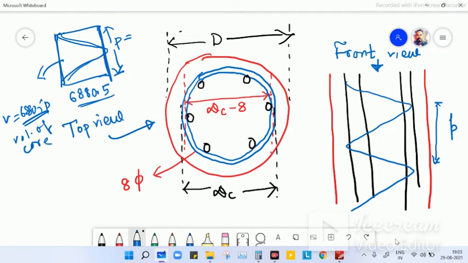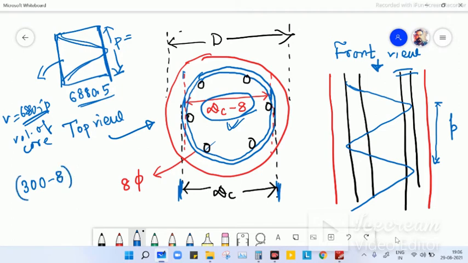This is one spiral, this is the front view of the circular column arrangement. This is the top view. You can see here, this is the core diameter. So volume of spiral per pitch: you can see here, this is the Dc from outer to outer, this black dot, this is the Dc portion. So from center to center the dimension is Dc minus 8, that is 300 minus 8.